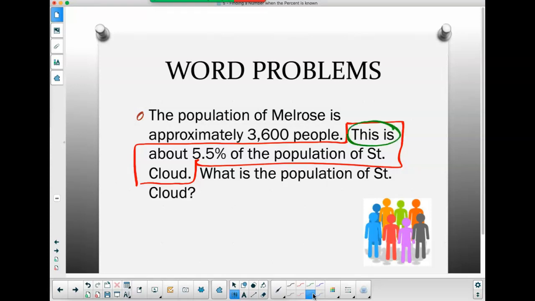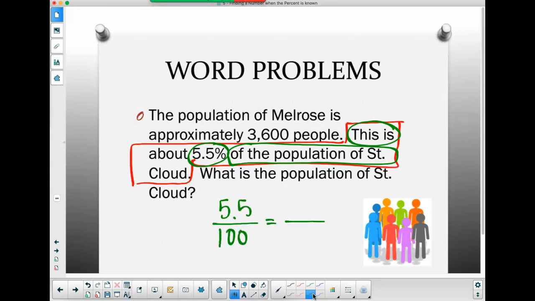This is 5.5% of the population of St. Cloud. We just have to put the right numbers with it. I know my percent. 5.5 over 100. Is, there's my word is, this. What represents this?